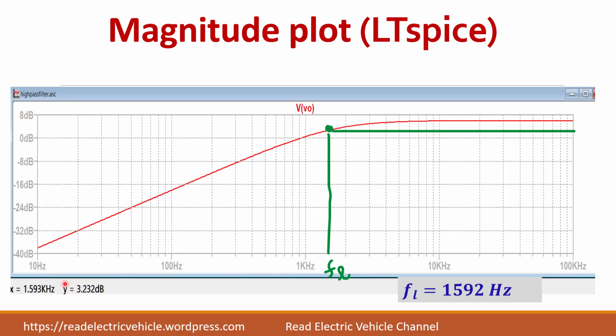And the Y component is 3.23 dB. It means that the gain at this position is 3.23 dB. So what is the gain in the pass band? We have calculated it as 2. So we have to find 20 log 2, which comes to around 6. So the gain at this cutoff frequency is 6 minus 3, so it is going to be 3 dB.